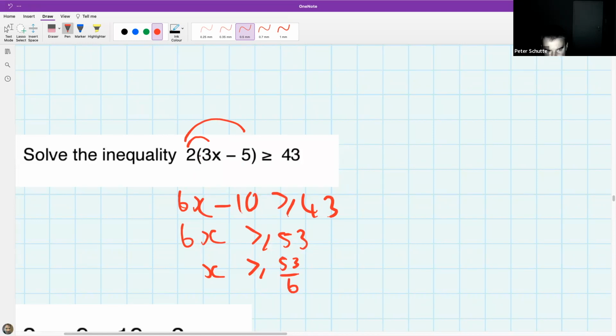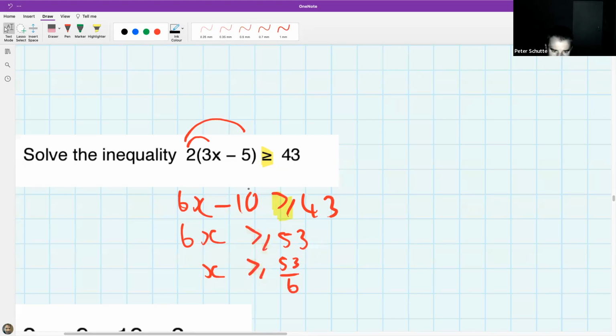I got the 6x by multiplying out. And then this one over here has stayed exactly the same the whole way through. Then what did I do? I added 10 to both sides. And that's why all of a sudden I have a 53. That's where the 53 came from.